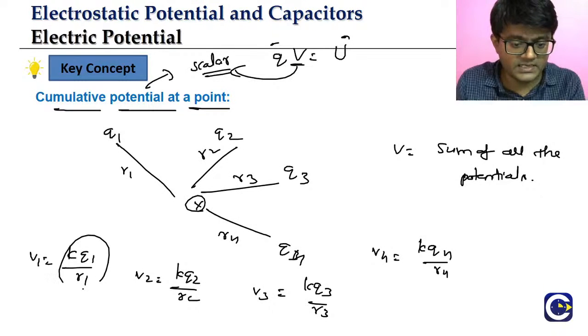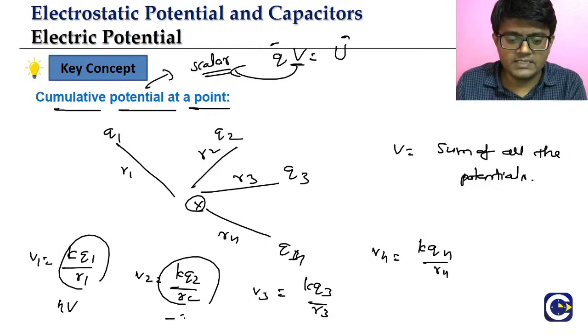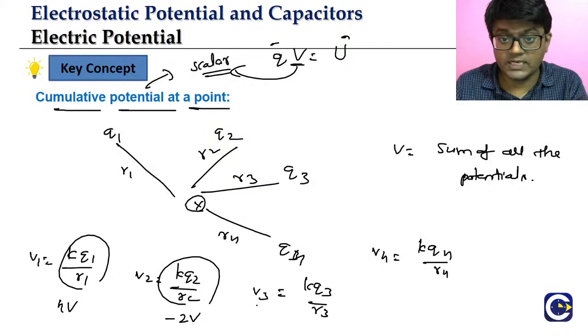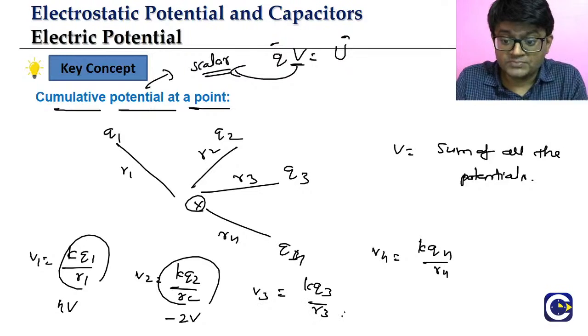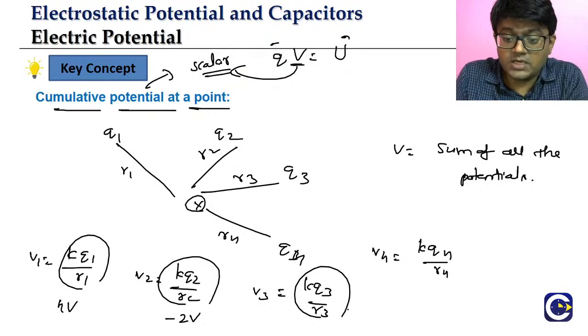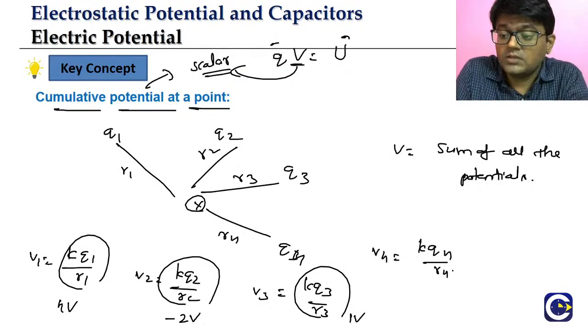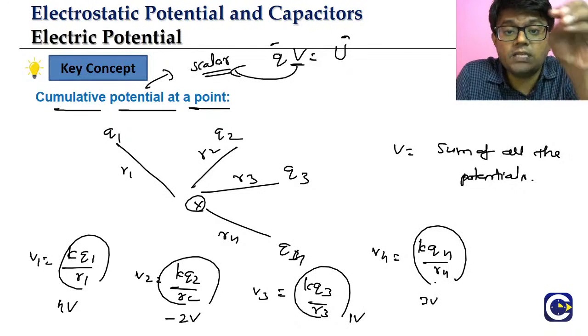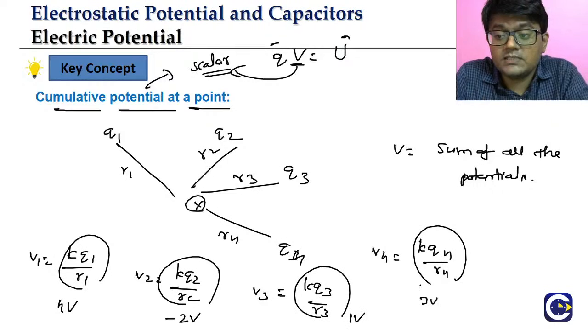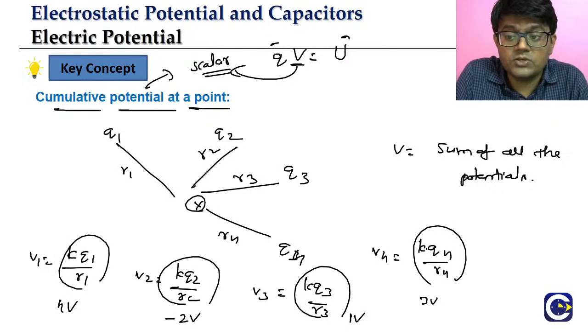Now, let's say this potential is coming as 4 volt, and this one as minus 2 volt, because the potential developed by a charge can be positive or negative. The potential because of the third charge may be 1 volt, and because of the fourth charge, take it as 3 volt. To find the total potential at the location, simply add all these values.